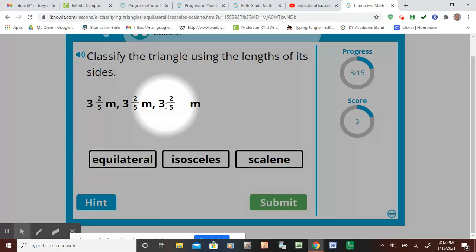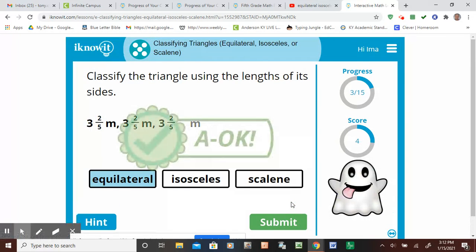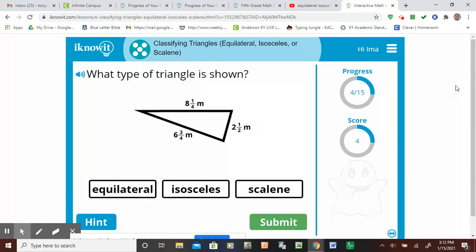And another is 3 2/5. So think about it. All three are equal. Would that be scalene, isosceles, or equilateral? Absolutely, it would be equilateral. And let's check and see. And in case you didn't know, we are completely right.